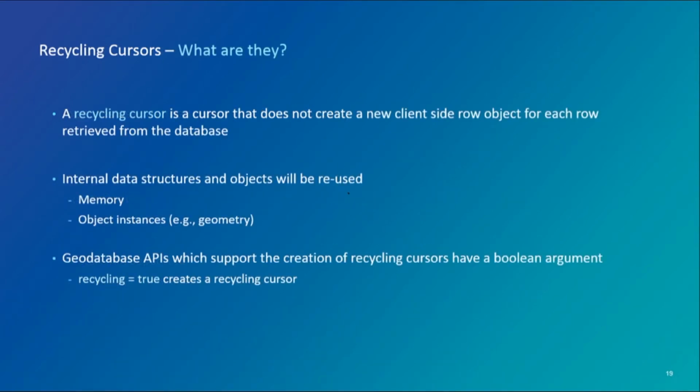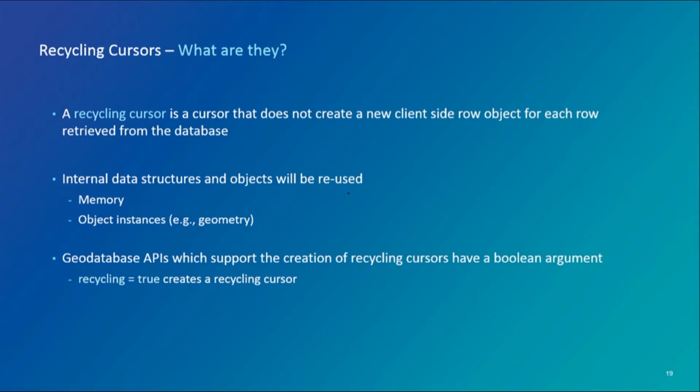Okay, an orthogonal idea is the idea of recycling cursors, right? So what are recycling cursors? It's a cursor type that allows you to reuse the memory structure on the client side when you return a row. This is both the memory that holds the row values and the objects from them, i.e. the geometries.